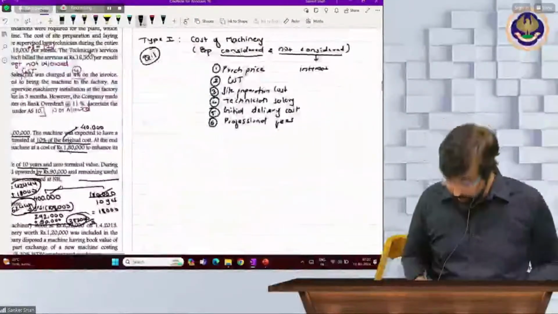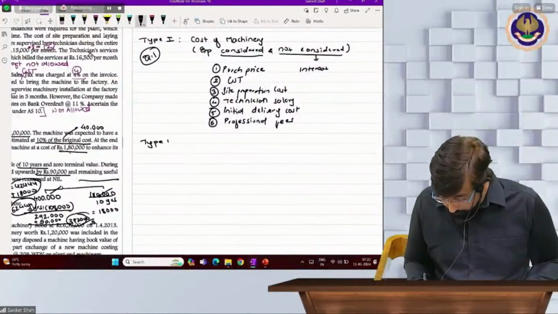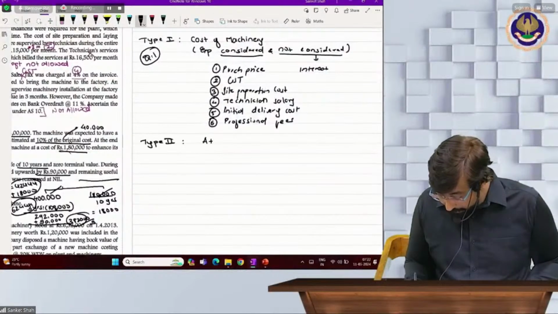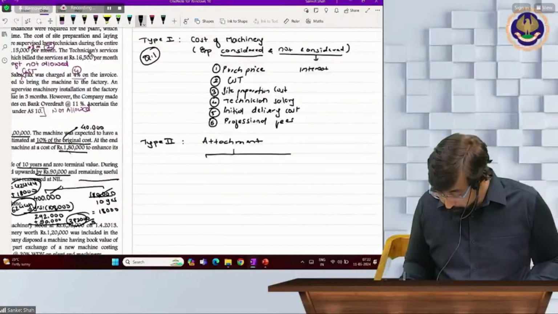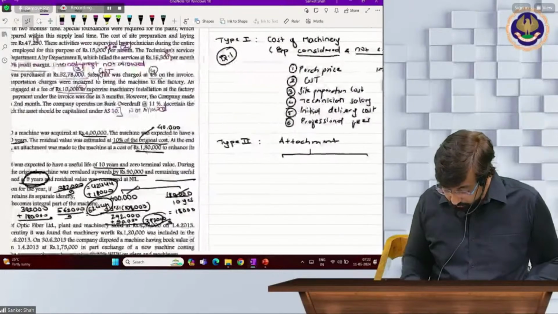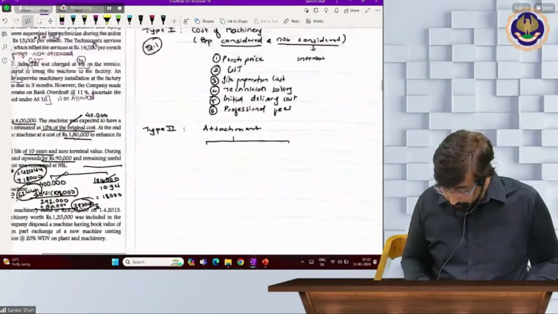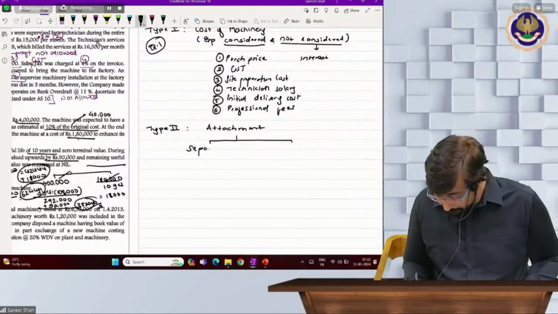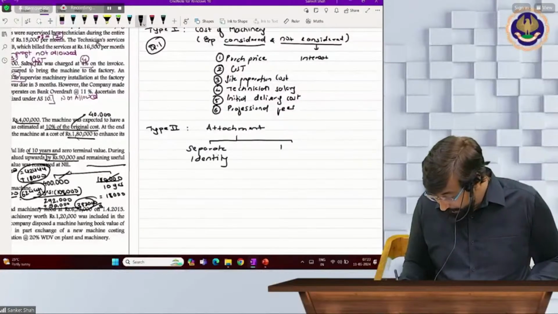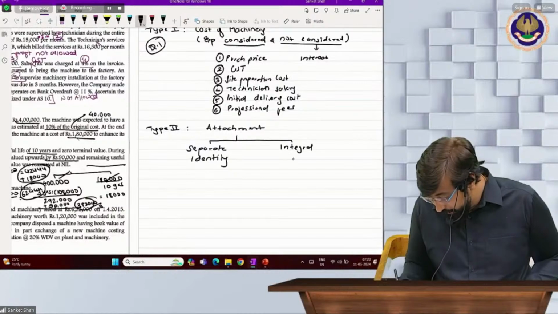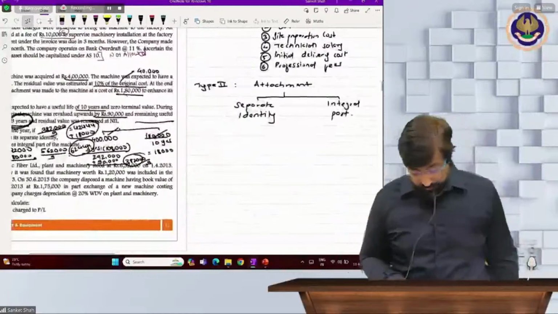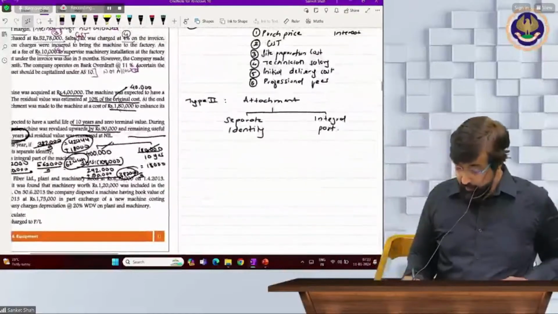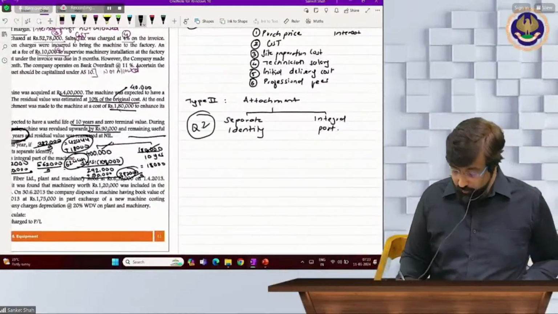Okay. So type number 2, attachment in two situations: separate identity, and integral part. Question number 2.